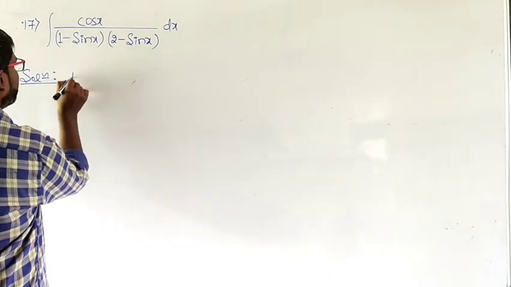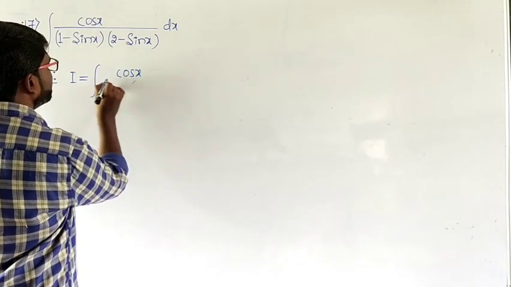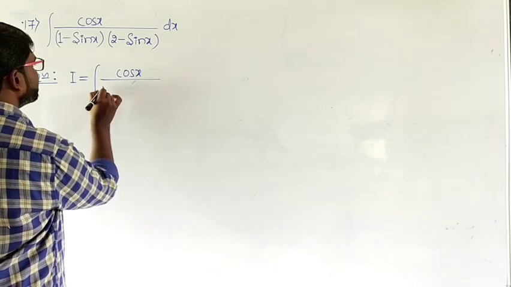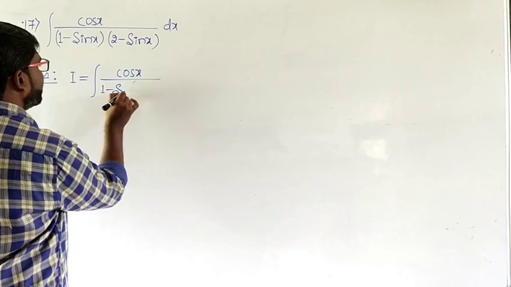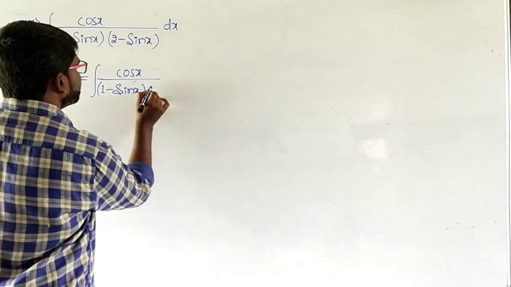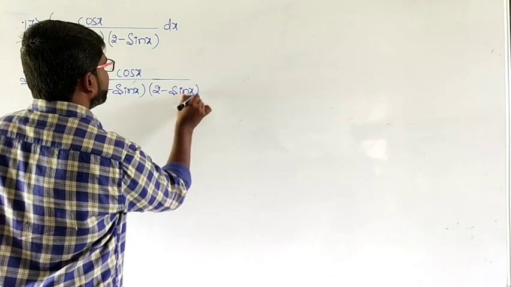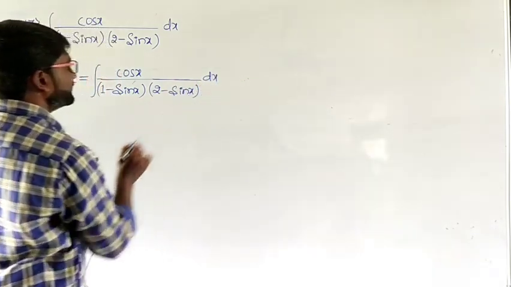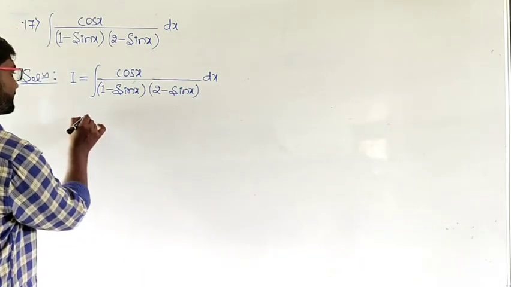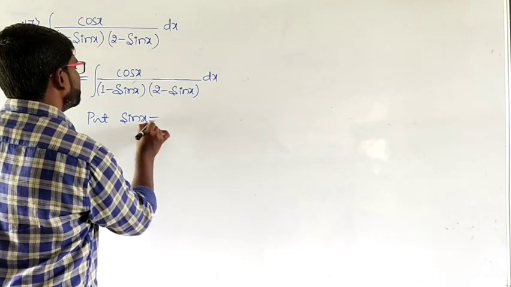I take this as I which is equals to integral cos x divided by 1 minus sin x into 2 minus sin x dx. So the hint is put sin x equal to t. Put sin x which is equals to t.